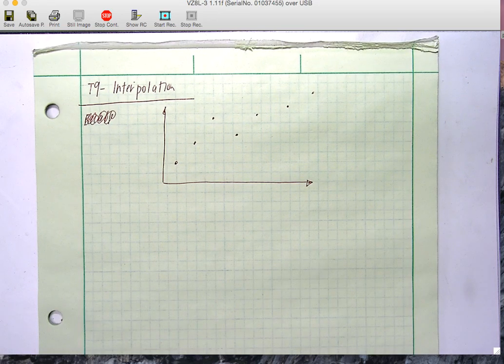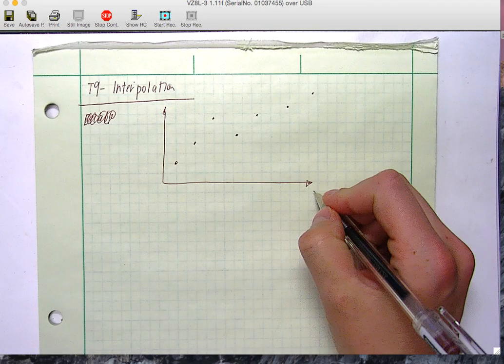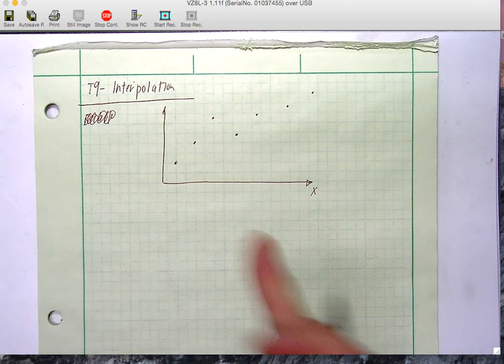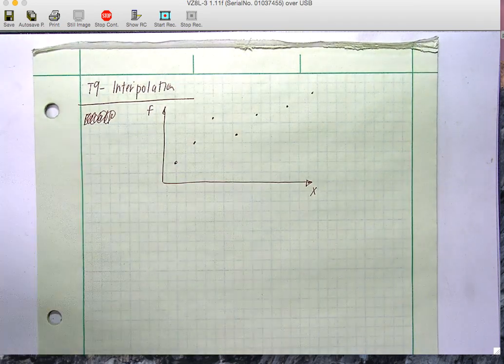The idea of interpolation is that it's typically the case that you've collected a set of data at some instance. So let's say that you collected them every 1 minute or something like that. And so you have both the frequency that you collected the data, and then you also have the value of the data.